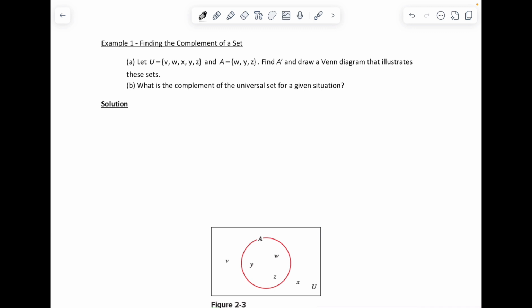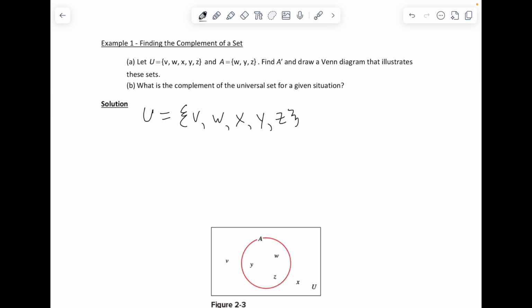Using the list of elements in U, we have to basically eliminate the ones that are also in A, right? So let's just write down the universal set here. That is V, W, X, Y, and Z. And we know that set A, which is written up here, includes the letters W, Y, and Z. So the complement of A would be all of the letters in the universal set except for these ones, right?